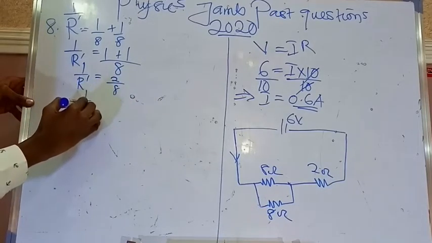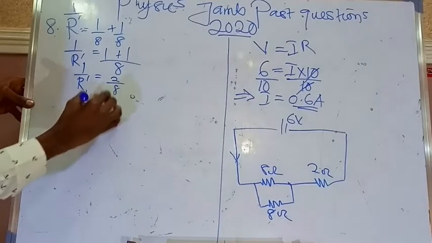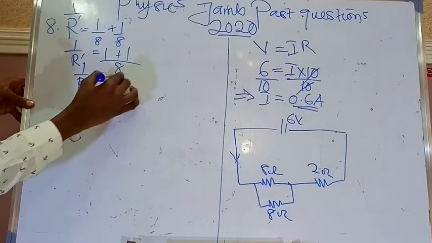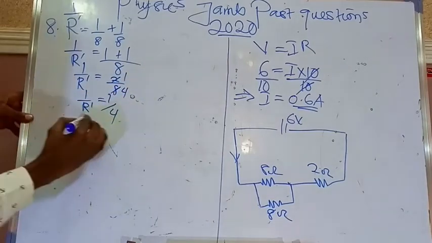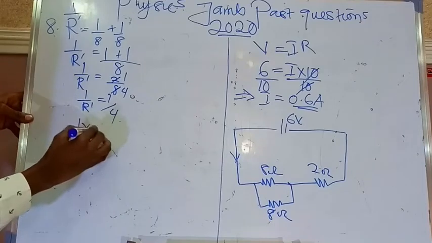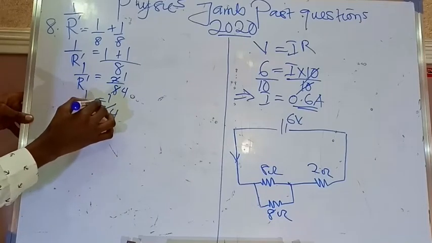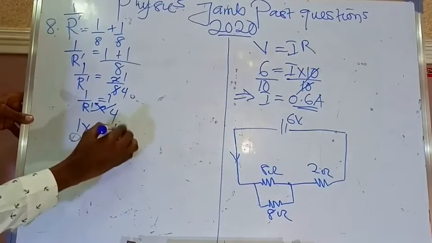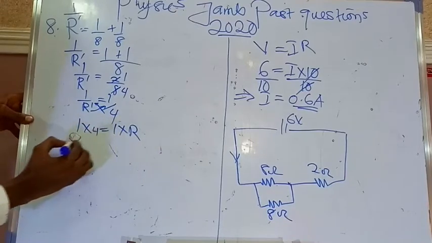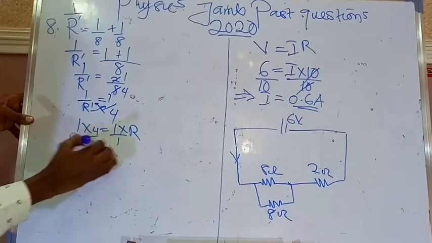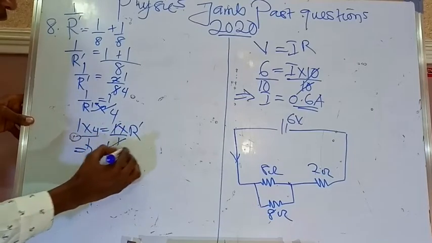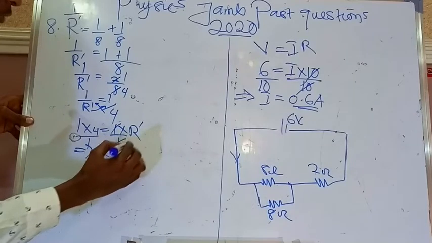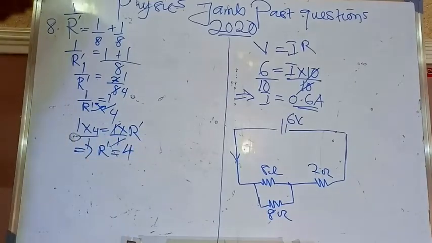1 over R prime is the same as 2 over 8, which is the same as 1 over 4. We cross multiply: 1 times 4 is equal to 1 times R prime. So our R prime is equal to 4 over 1, which is 4 ohms.